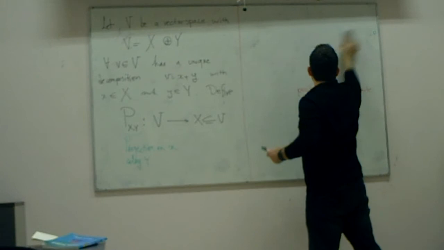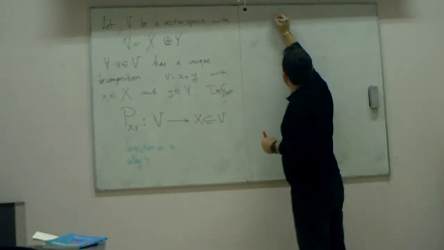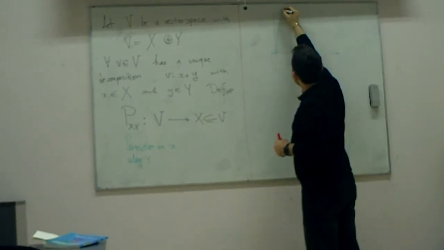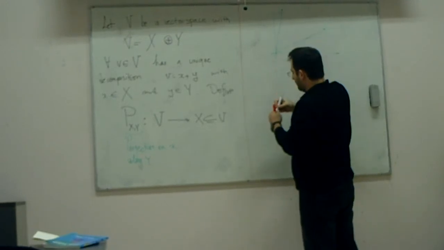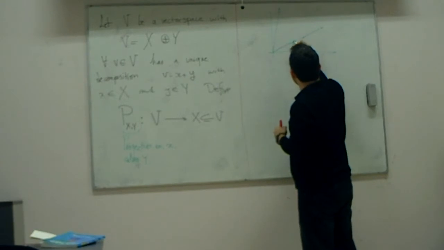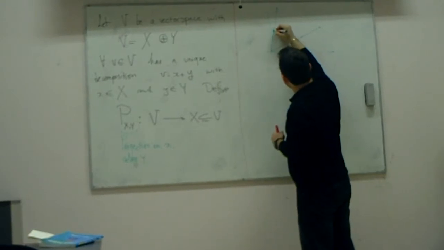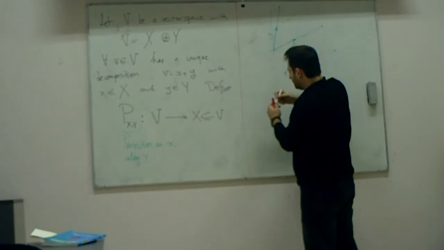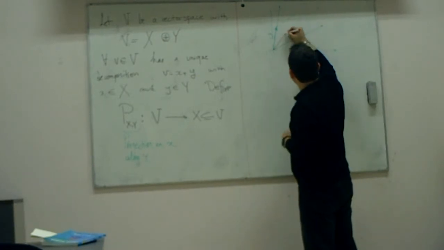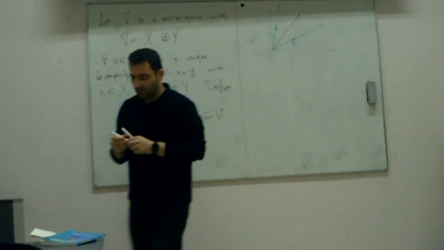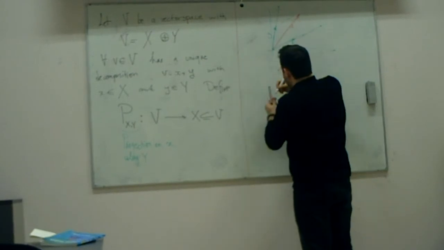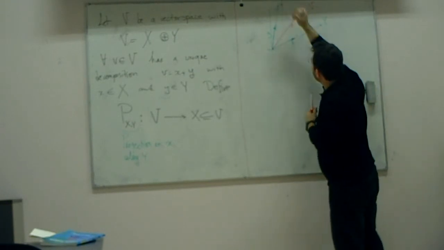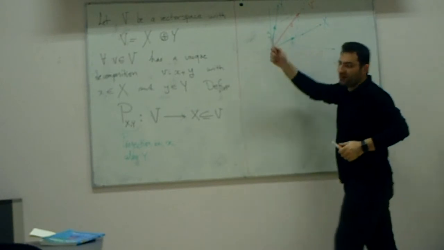Geometrically, it means that our vector V can be decomposed into this vector space X and this vector space Y. So it can be decomposed as the addition of vector x and vector y.